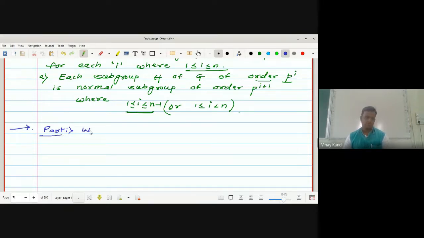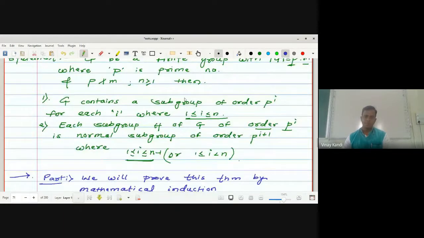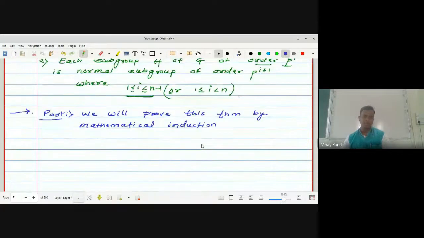So we will prove this theorem by mathematical induction on i. Any doubt? Mathematical induction on what? I am also there, n is also there. On i. The value of i will run.